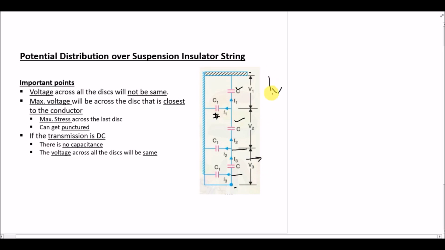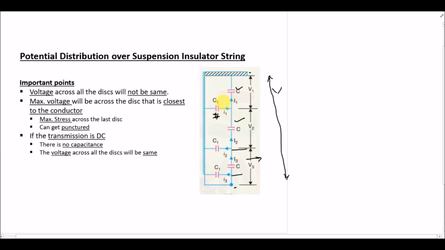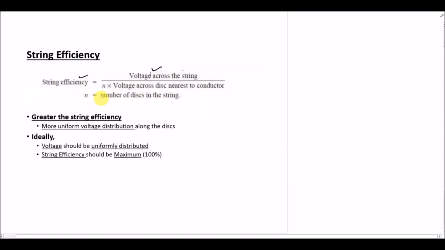So this is the voltage V. So in the numerator we have the voltage across the string, and in the denominator we have N, the number of discs in the string. In the previous case we have three discs, 1, 2 and 3. So in this case N is equal to 3, and in the denominator we have the voltage across the disc nearest to the conductor. So this is the largest voltage, which is across the disc closest to the conductor.